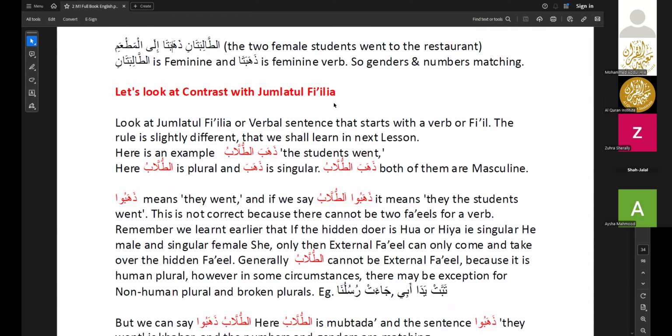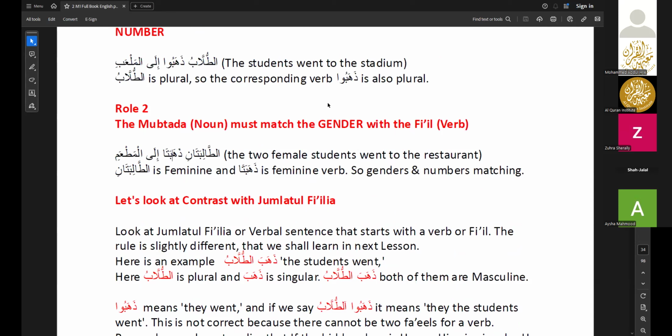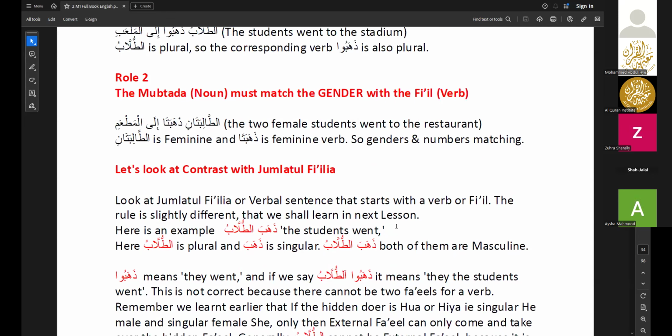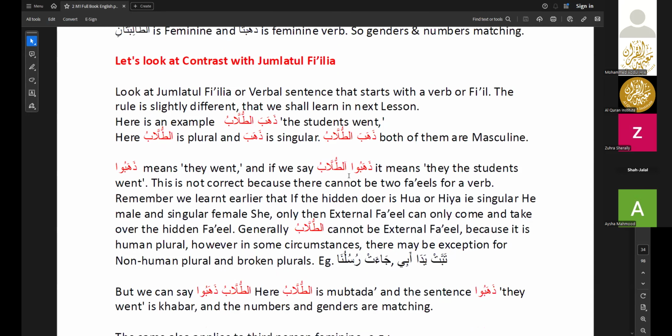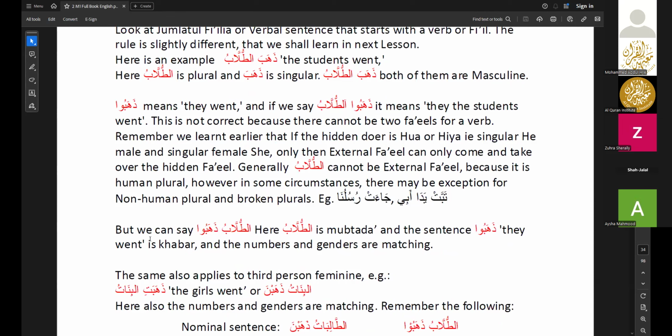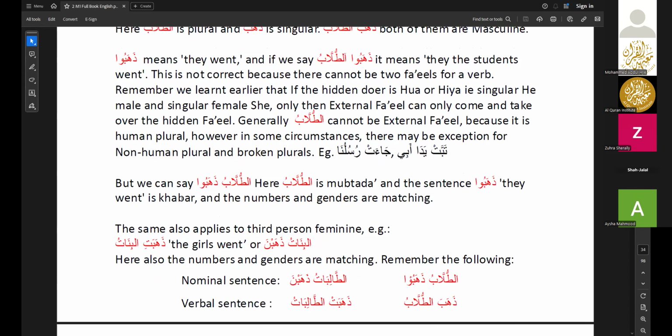But in terms of Jumlatul Ismiyya, number and gender both need to be matched. This is the crux of the matter we need to remember. You can read whole things, but this is the essence of the matter. But we can say at-tullabu dhahabu. Here at-tullabu is mubtada and the sentence dhahabu, they went, is khabar, and the numbers and genders are matching.